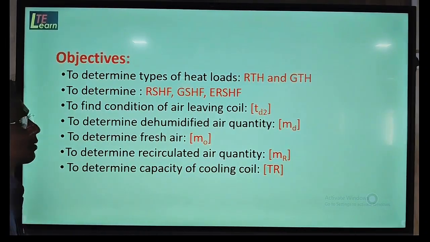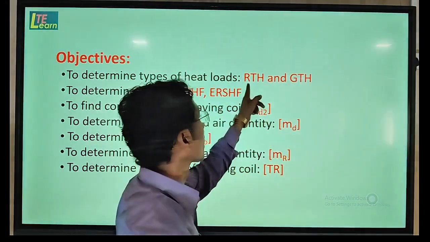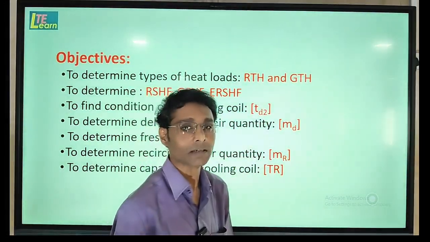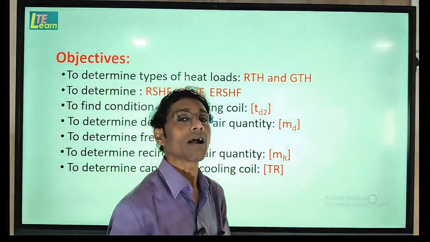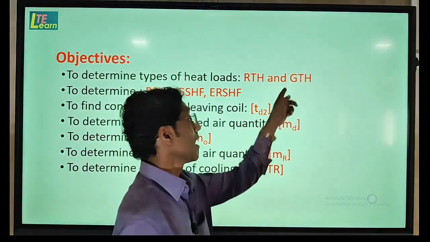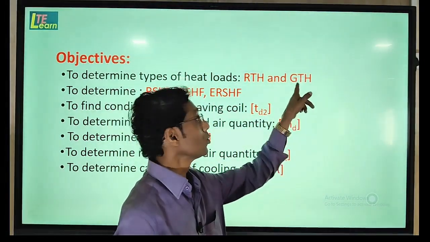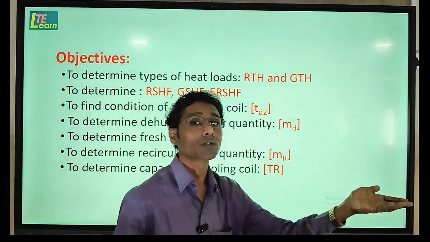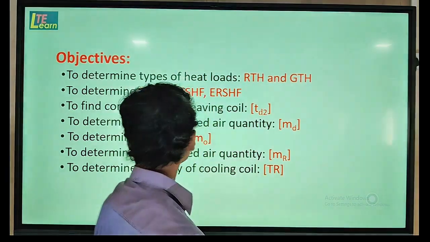First of all, we are going to find different types of loads, especially here RTH, meaning room total heat, that is a summation of room sensible heat and room latent heat. And grand total heat. Grand total heat is a load including the load from the outside, that is outside air sensible heat and outside latent heat.